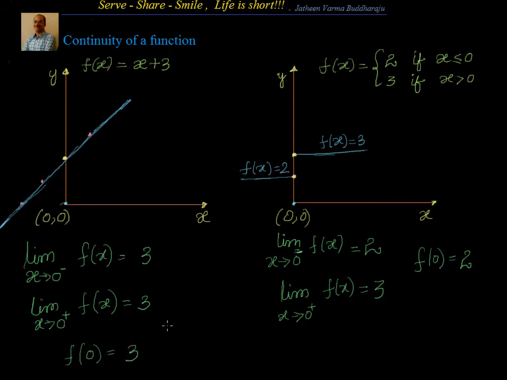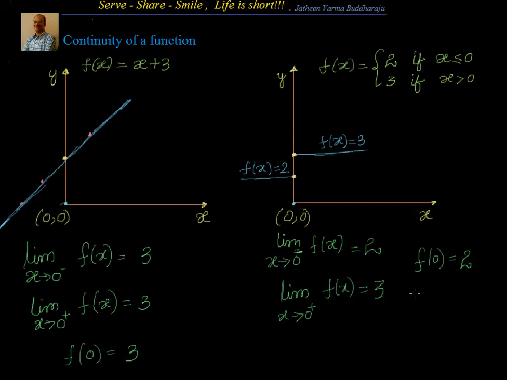So can you see the difference between them? In the function on the right side, you see that the limit does not exist. The limit as x tends to 0 plus is not equal to the limit as x tends to 0 minus. Left hand limit is not equal to right hand limit, and also it is not equal to f of 0.